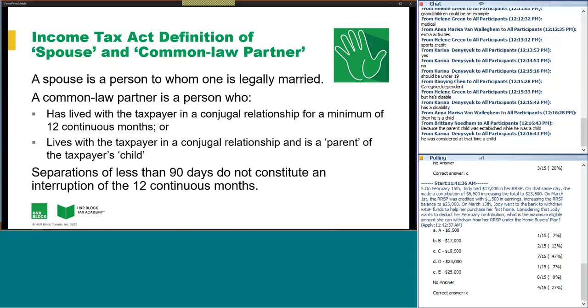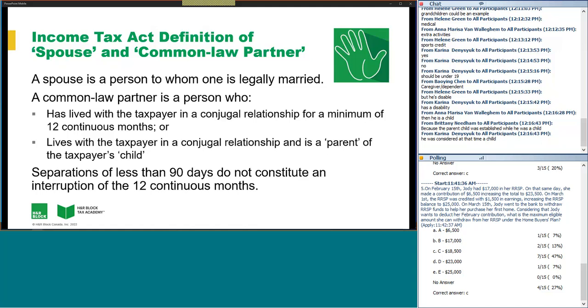If you break up, but you get back together within 90 days, you are not separated, and it continues as part of the 12 continuous months. So let's say, just to make this easy, you move in with your partner in January, and you move out in February, and you move back in March, and you move out in July, and you move back in August, and you're still together in December. That counts as 12 continuous months.